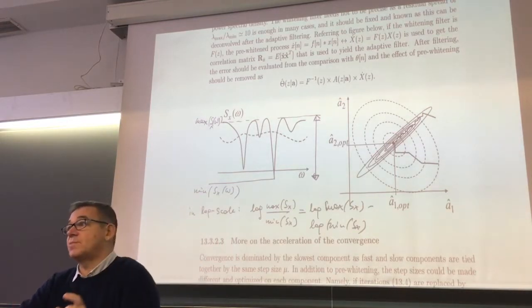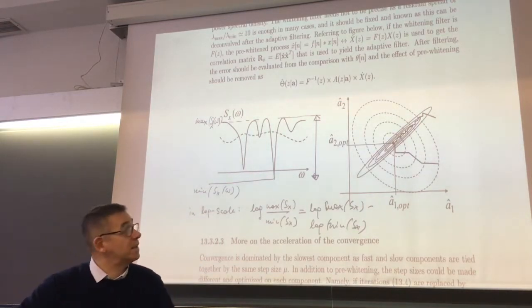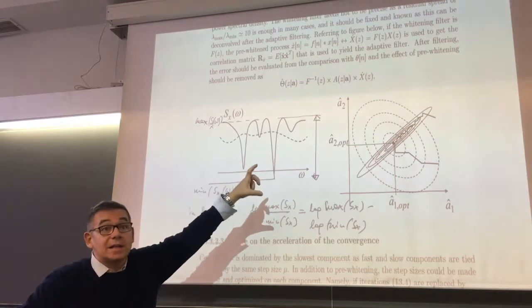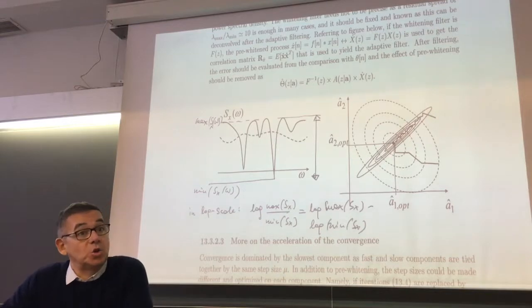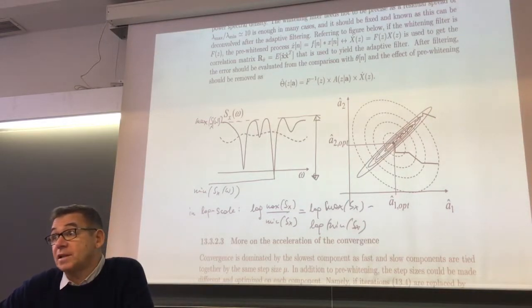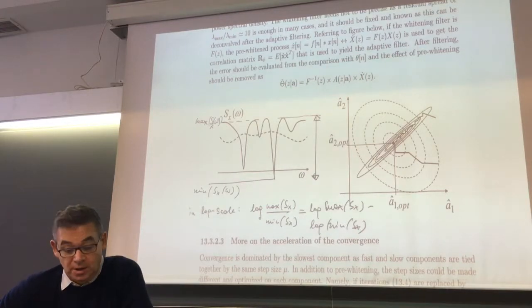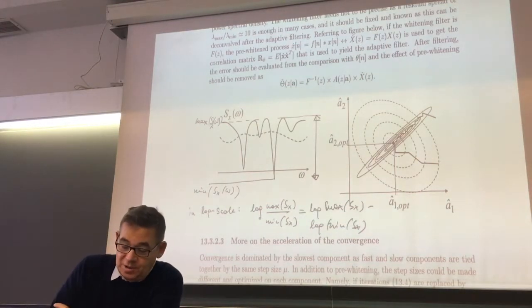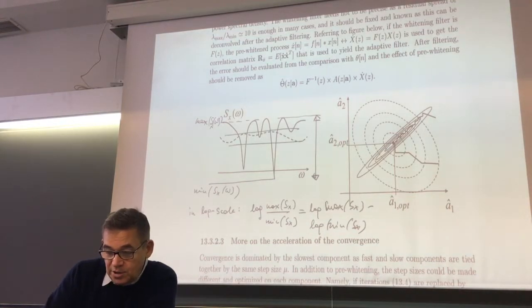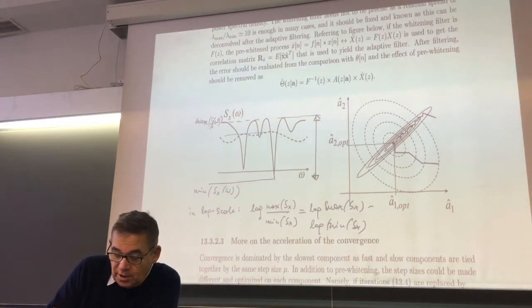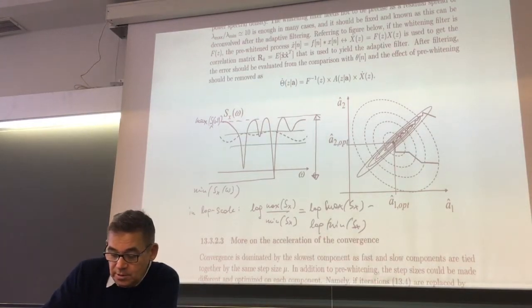So the ratio becomes a distance. And that's why I consider that as a distance. So that one is the condition number of the matrix R, which is proportional to the time of convergence. Now, the difference between the solid line and the dashed line is that this ratio for the dashed line, we change the color, is smaller.